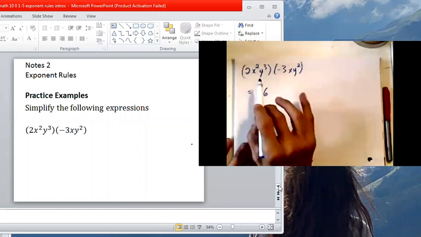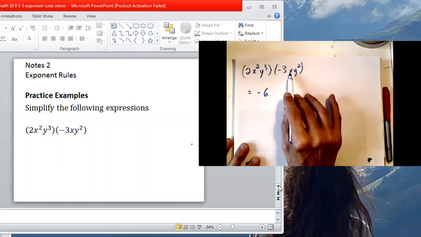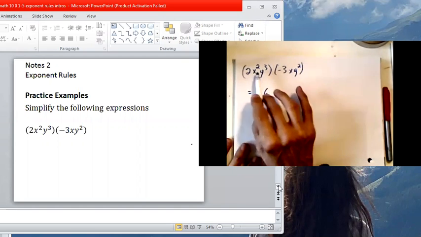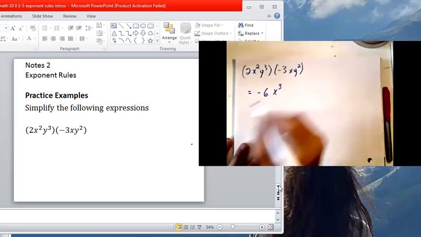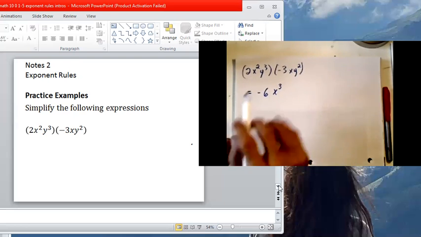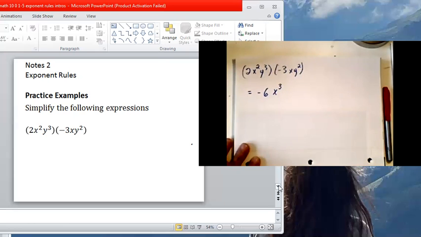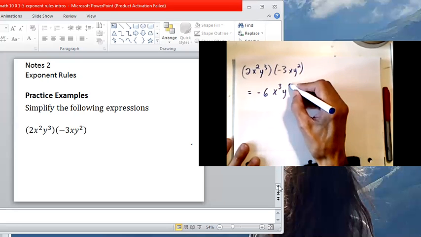Now, the x's, we got X 2 there and an invisible 1 there. 2 1. Yes, 3. Nice. x3. And then we have a y3 times a y to the power of 2. 5. Perfect.